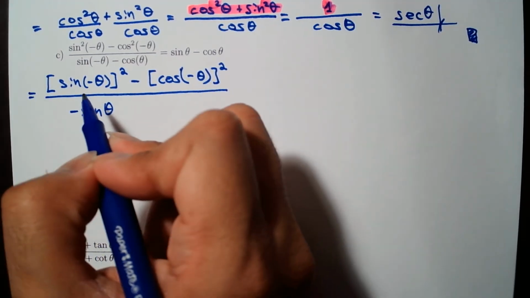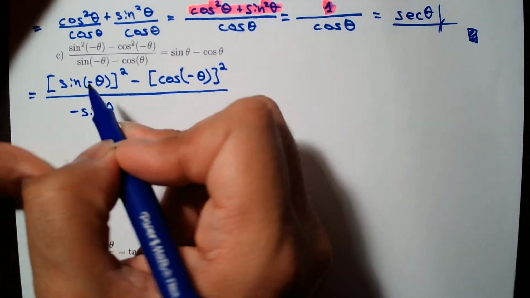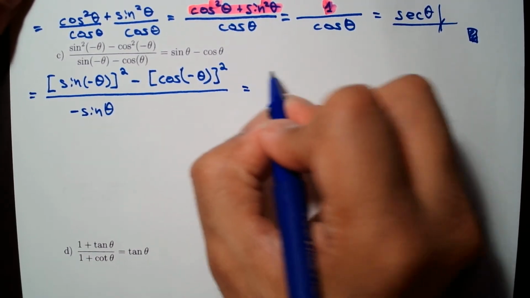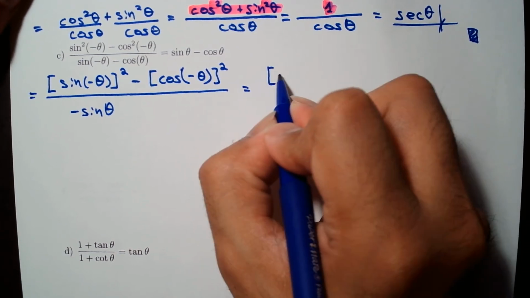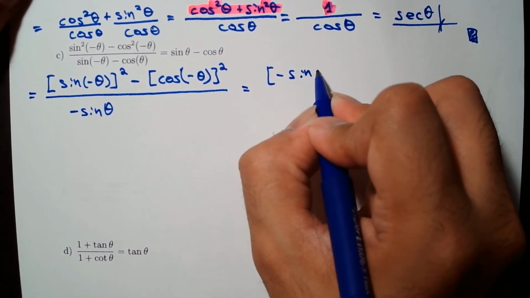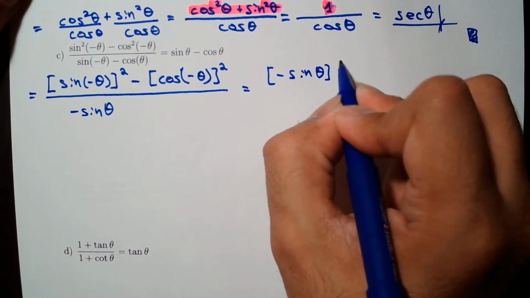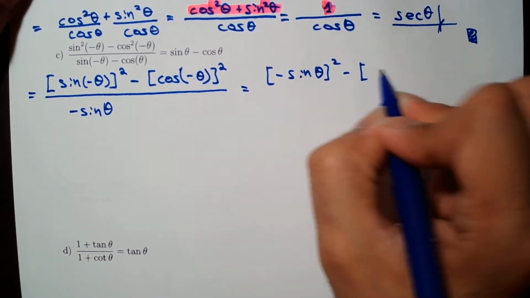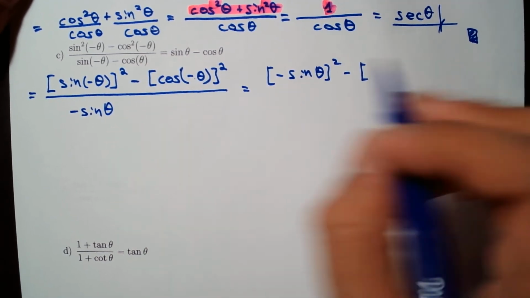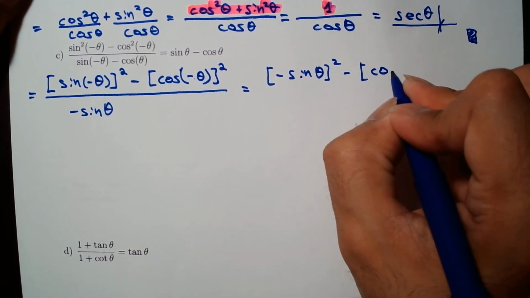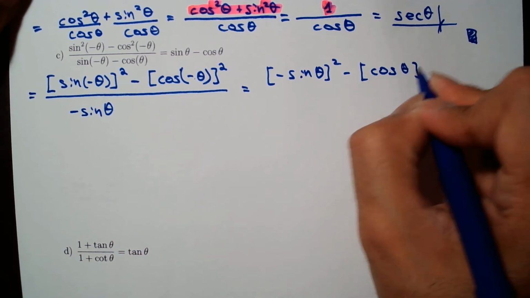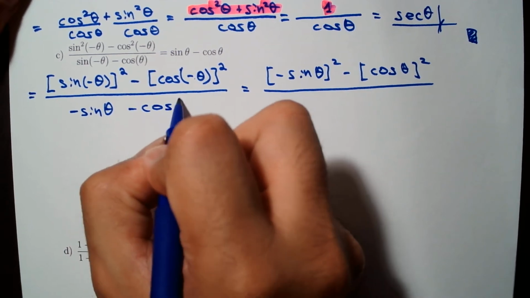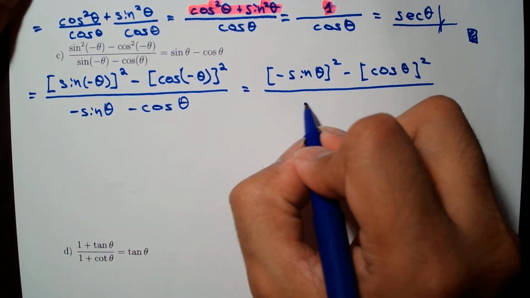Careful, we're not done yet. Sine of a negative angle, again, is negative sine of the angle. And cosine of the negative angle, the negative disappears for cosine because that's an even function. And oh, I forgot the negative cosine over here. The denominator remains the same.